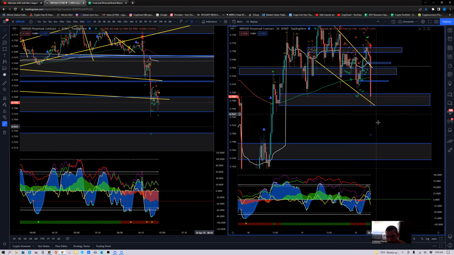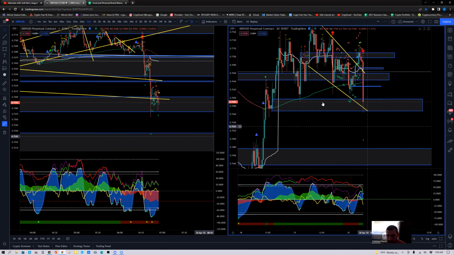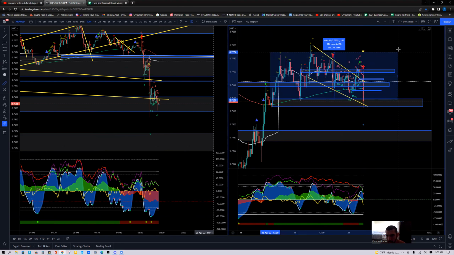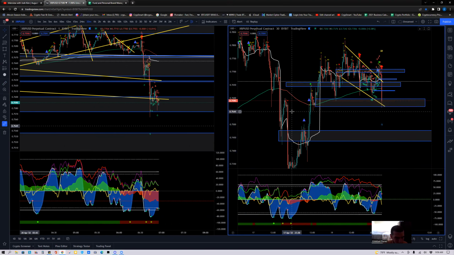So here's our next zone right here. Our next zone, very likely to happen, extremely likely to happen. Let's clear it up, guys. Let's go.